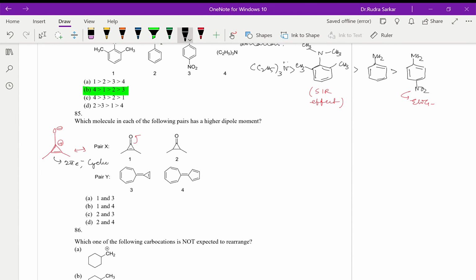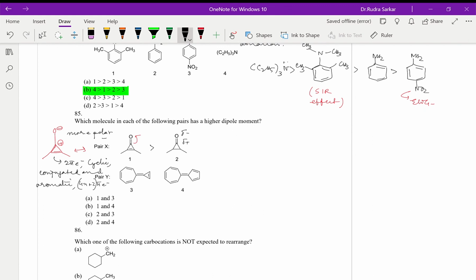It is cyclic, conjugated, and aromatic, and also is following the 4n plus 2 pi electron system, right? So that way this will be more polar. Okay, this is more polar because of the permanent separation of charge, whereas over here this is delta plus and this is delta minus because of the higher electronegativity of the oxygen. So one is more polar than two, which means higher dipole moment.